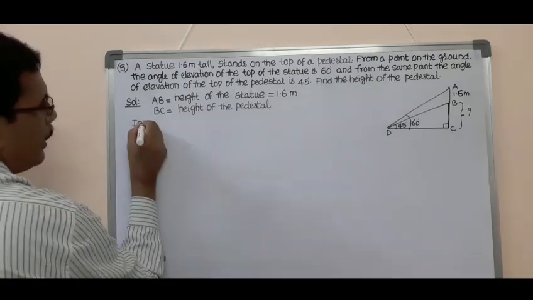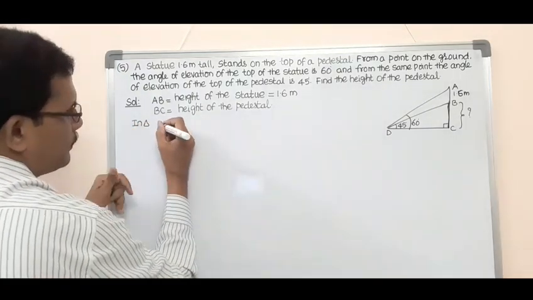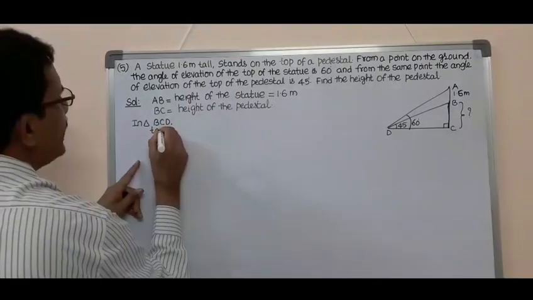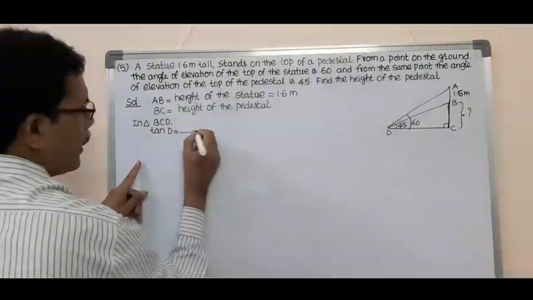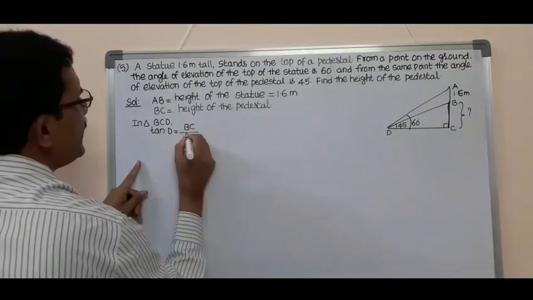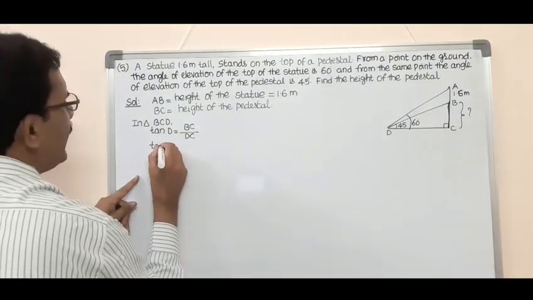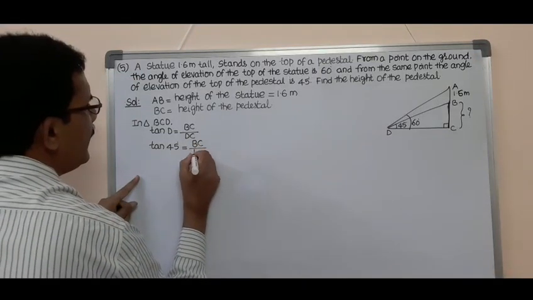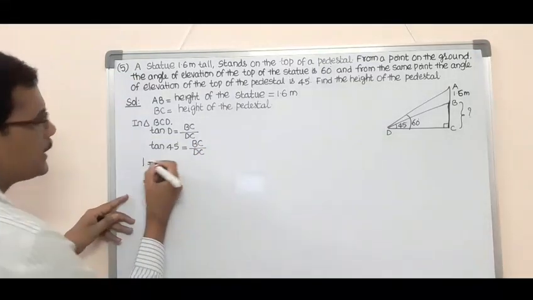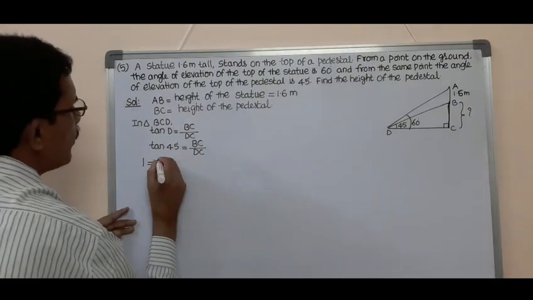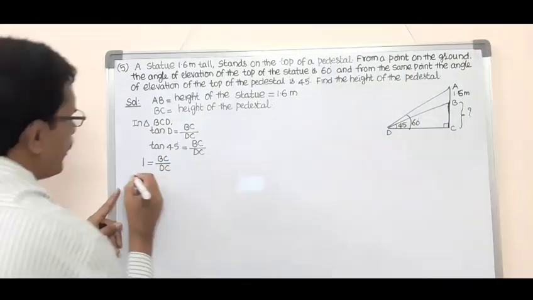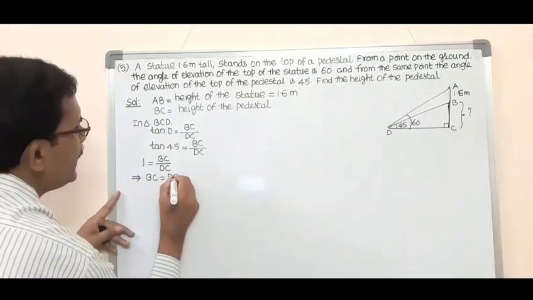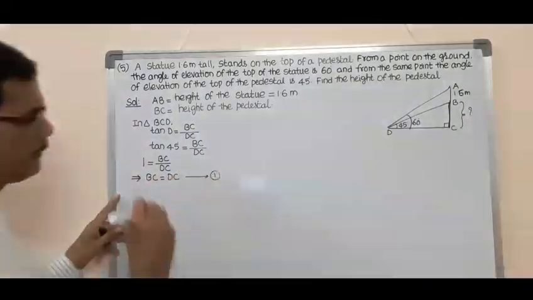In triangle BCD, tan D is equal to BC by DC. Tan 45 degrees is equal to BC by DC. Tan 45 value 1 is equal to BC by DC. By cross multiplication, we will get BC is equal to DC. I am taking it as step 1.